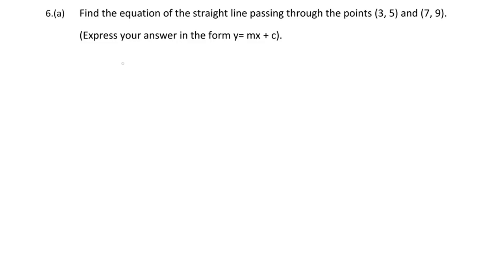We know that m equals y2 minus y1 over x2 minus x1. From the given information, x1 and y1 are 3 and 5, x2 and y2 are 7 and 9. So let us substitute these values.